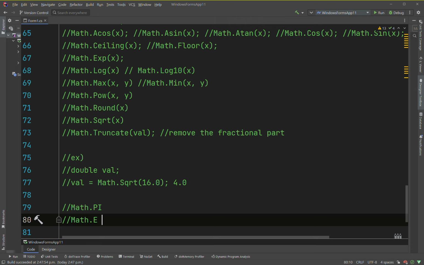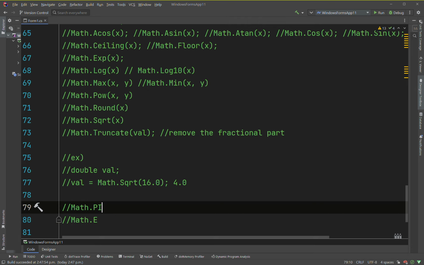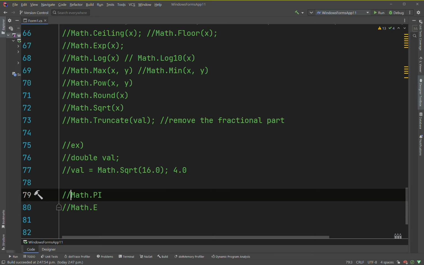You can always just console log Math.PI to check the actual value. Pi is going to be 3.14 something, Math.E is 2 point something, I'm not exactly sure, I forgot.